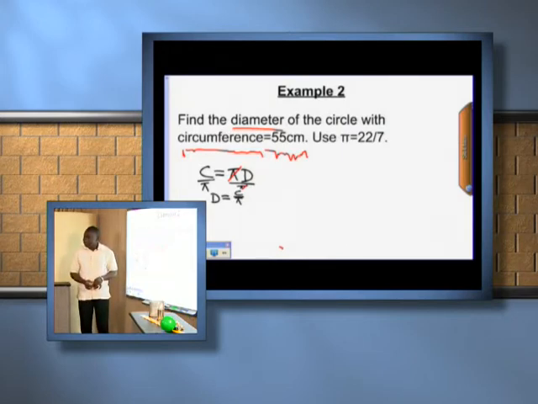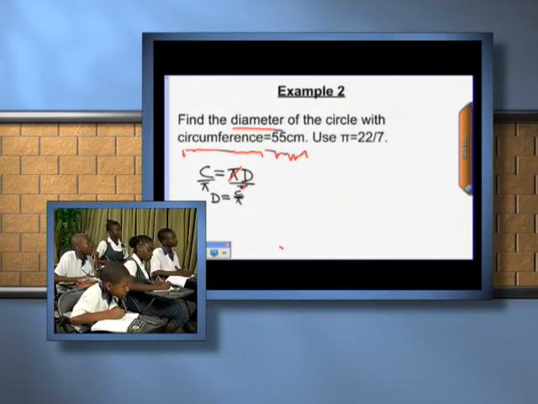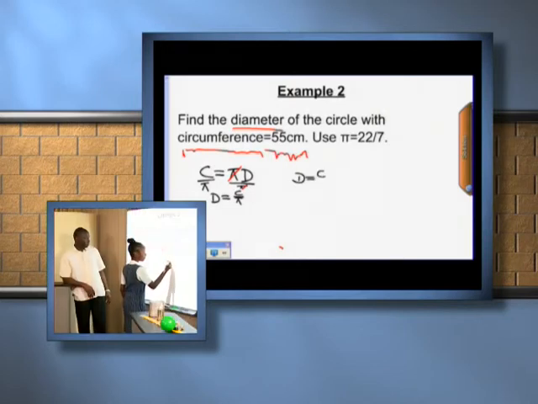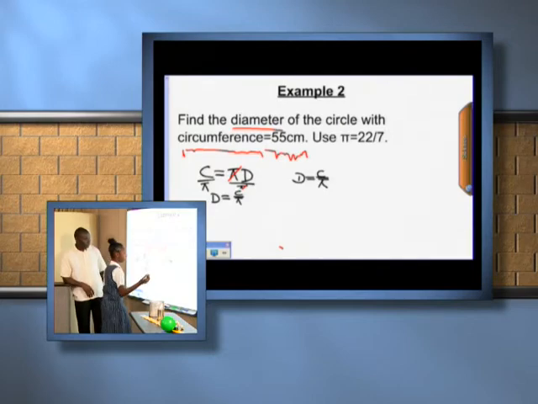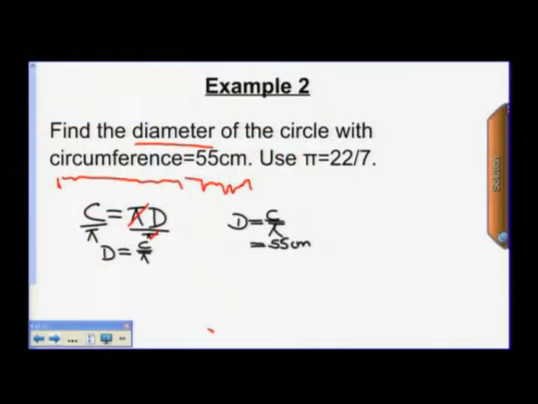Okay? Yes, sir. But I'm not going to solve it for you. Quickly, find what is D. Divide C with pi and tell me what's the answer. Good. Equal again. All right, that divided by that. Yeah, divide.